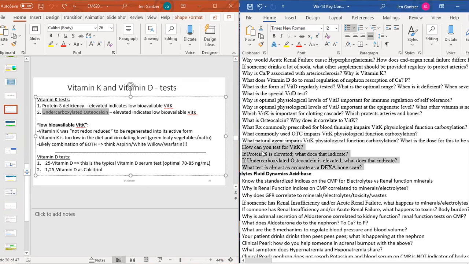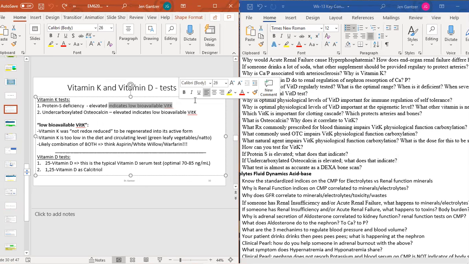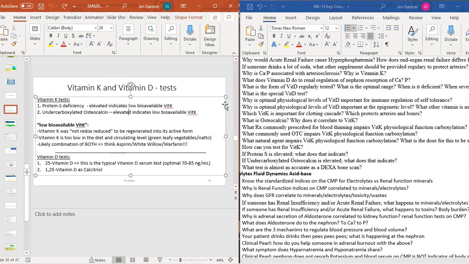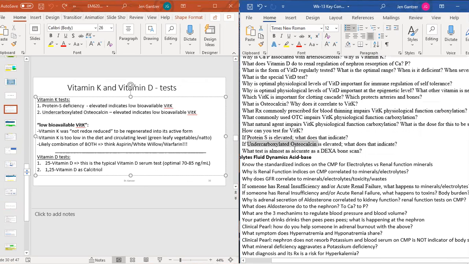Those are your two tests for vitamin K, protein S and undercarboxylated osteocalcin. If either one of these are elevated, it indicates low bioavailable vitamin K. That means that it's either not enough vitamin K or there's not enough of the active form. Both of these will be elevated, indicating a vitamin K deficiency.